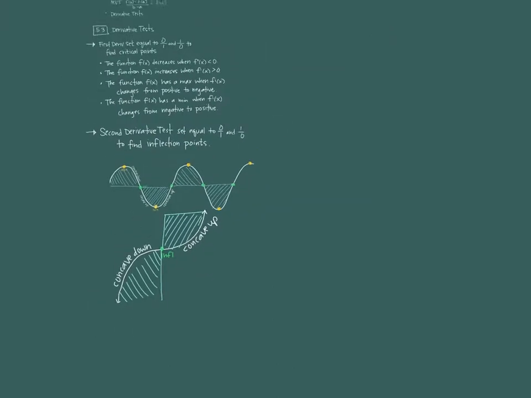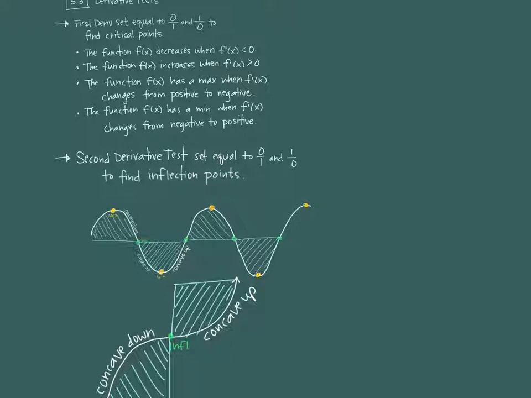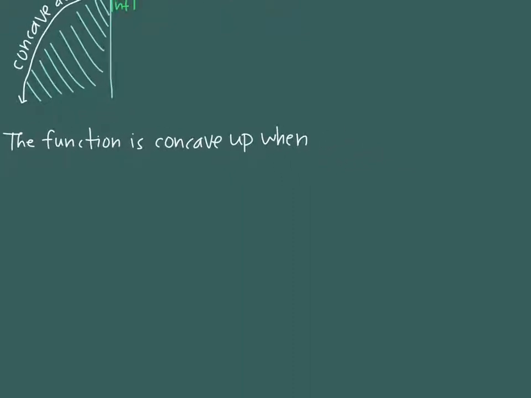Okay, so let's put some statements together. We say the function is concave up when, and you always base your justification on what the derivative, in this case the second derivative, is doing.